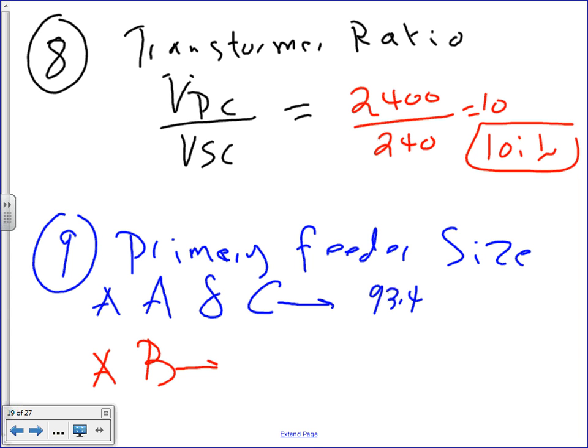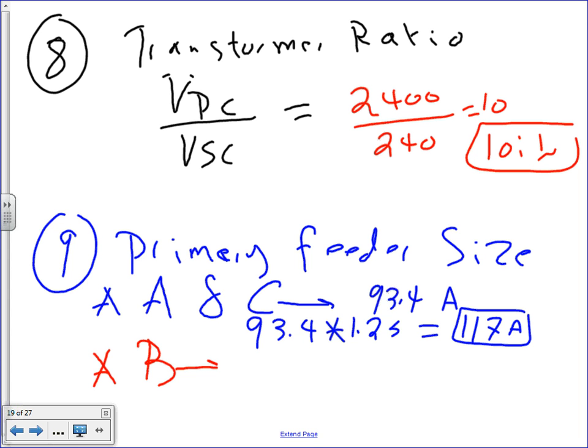Now, we're going to assume it's a continuous load, so I need somebody to help me. I'm going to take the 93.4 and multiply it by 1.25. Can somebody do the calculation for me, please? How much? 101.7 amp. Okay.